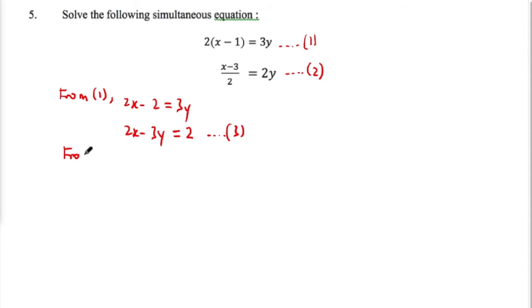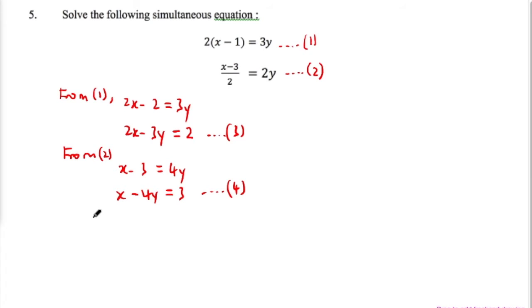Similarly, from equation 2, we cross multiply, giving us x minus 3 equals 4y, and again rewriting it, we have x minus 4y equals 3, calling it equation 4. Now we have our x terms, y terms, and the number in the correct order.